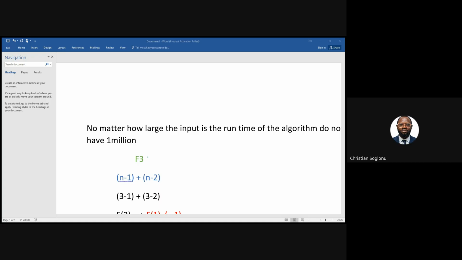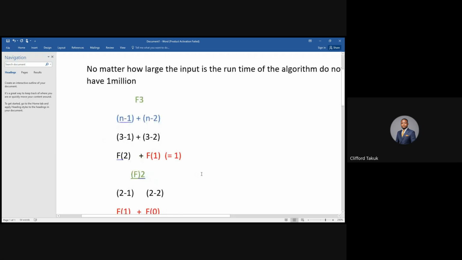Okay. So the reason why it falls under recursive, you see, when we're finding the Fibonacci of 3, you realize that at a point we have to go and use the n minus 1. So this one is a recursive formula. The n minus 1 plus n minus 2 is being used again along the line because we have found another number that we need to find the Fibonacci of before we can get the final answer for the first number.